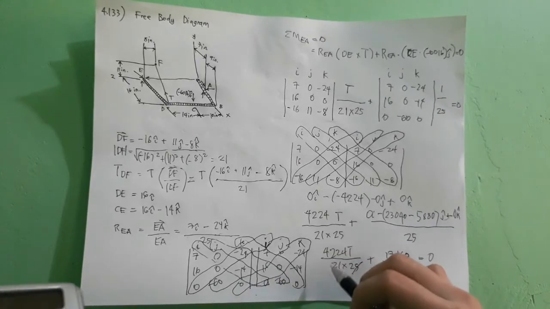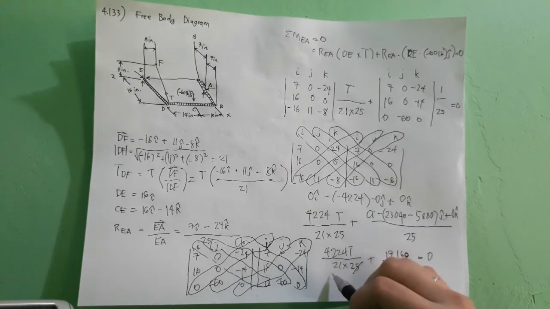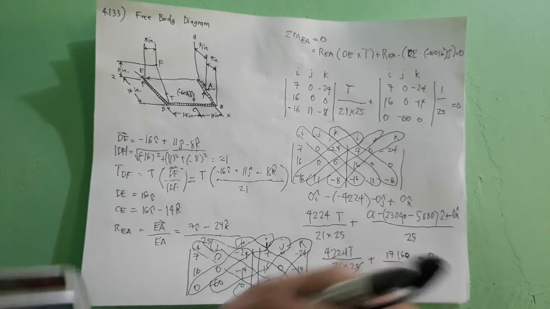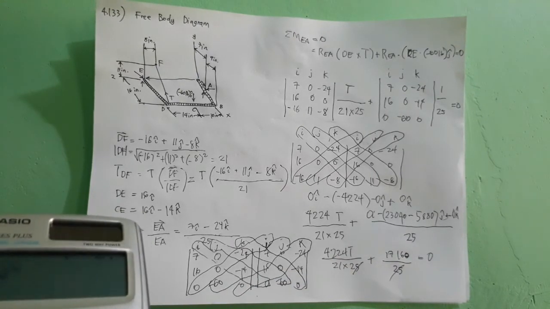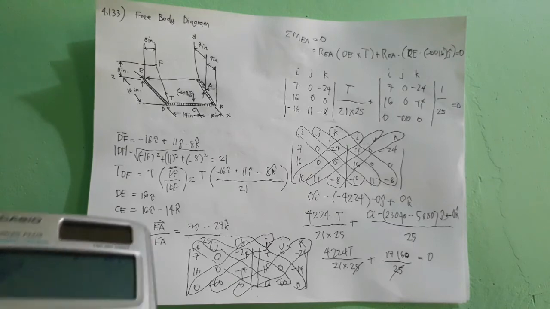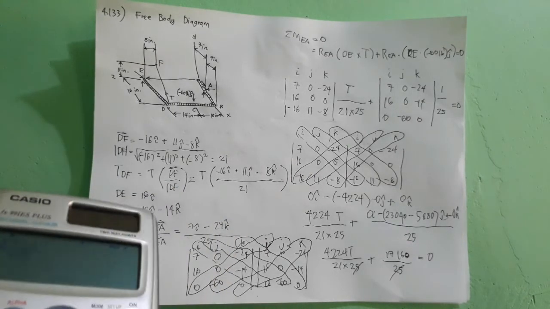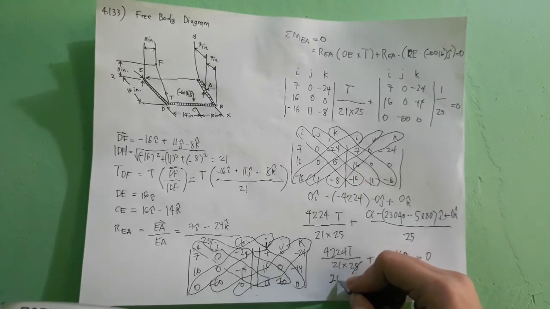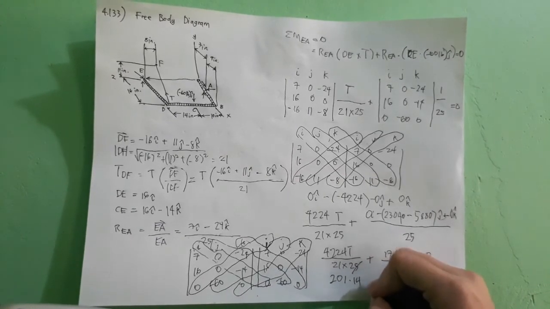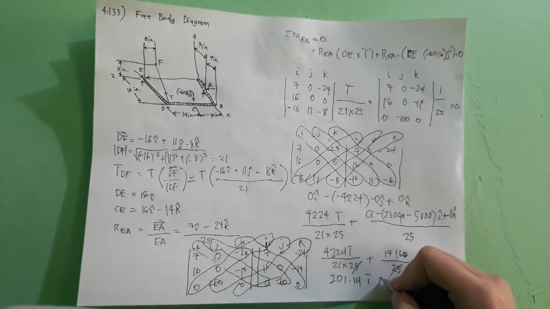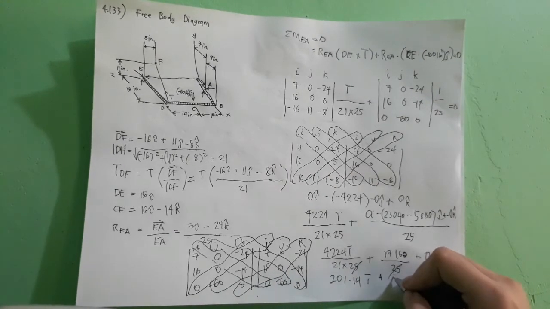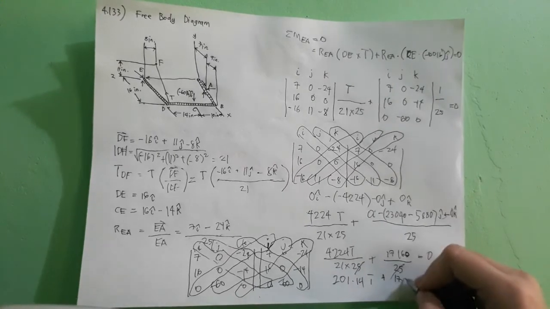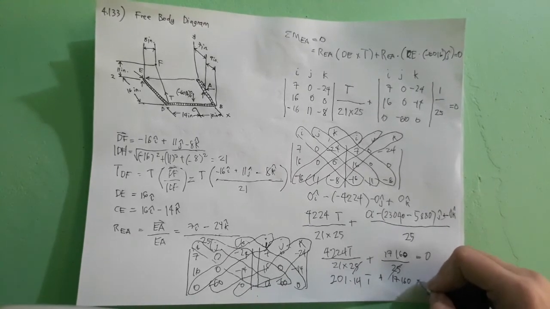So divide 4,224 by 21. We have 201.14 T plus 17,160 is equal to 0.